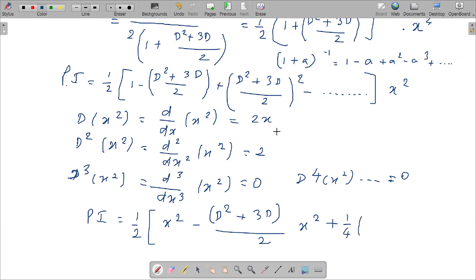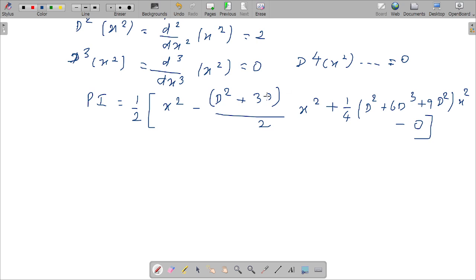Expand this, d square plus 3d whole square: d power 4 plus 6d cube, if anything wrong is there, please tell me, plus 9d square, into x square, minus the other things are 0. Leave it. So you are multiplying that x square inside the bracket.